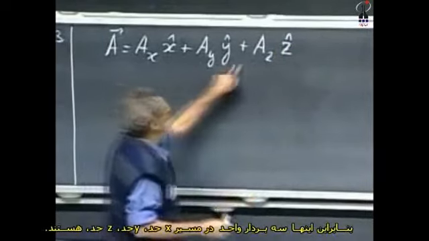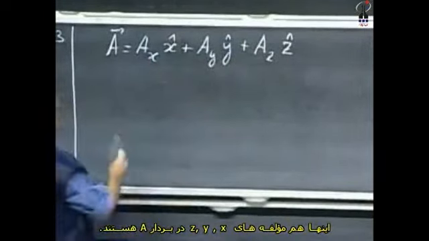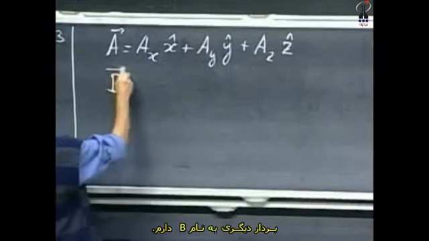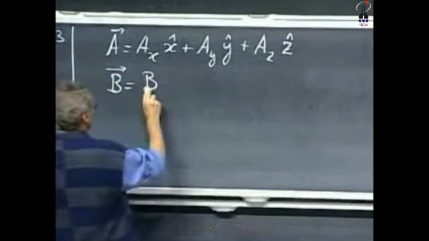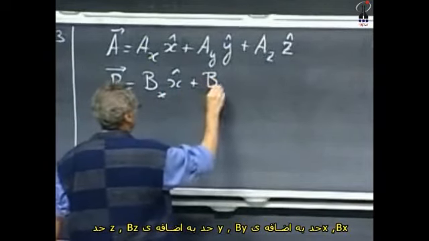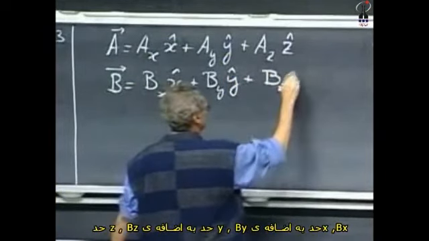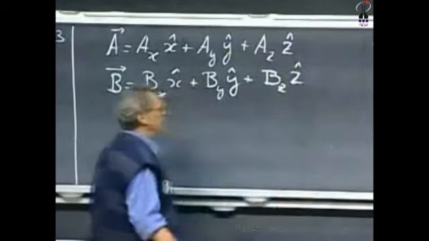These are the 3 unit vectors in the x, y, and z direction, and these are the x, y, and z components of the vector A. I have another vector B, B of x, x roof, B of y, y roof, B of z, z roof.